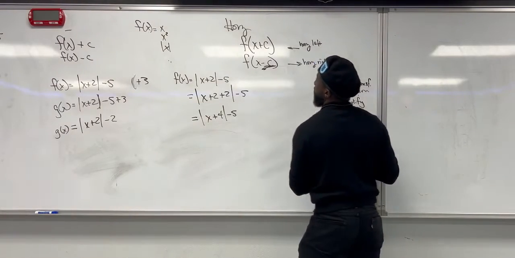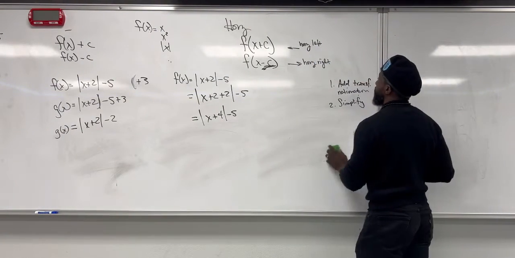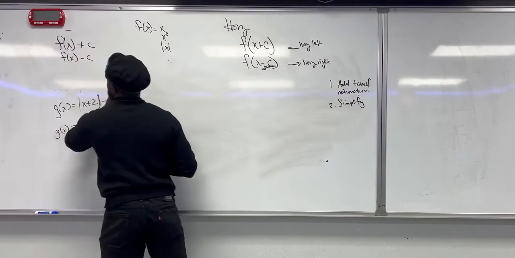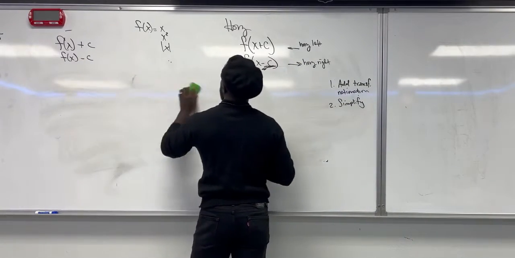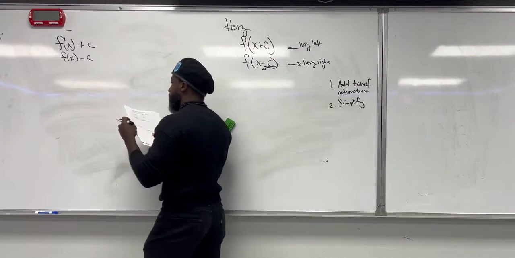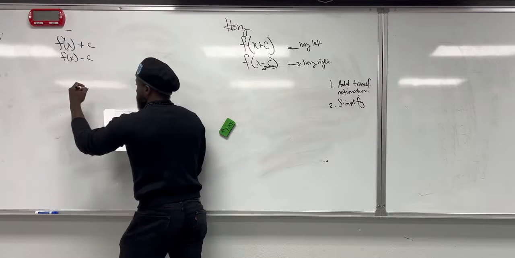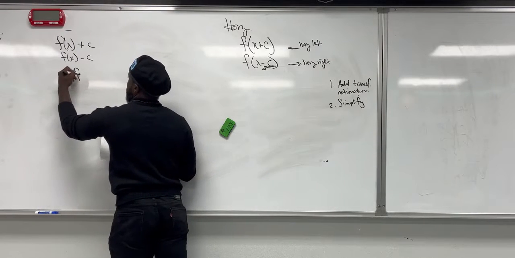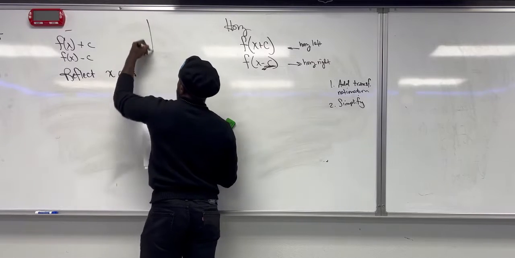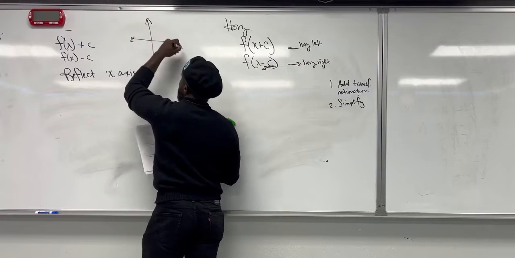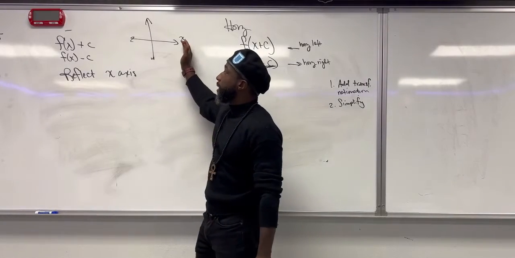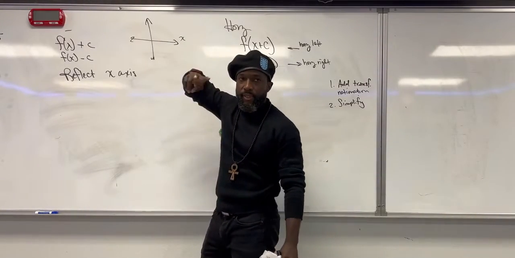All right, so now we talked about translations. Now we're going to talk about reflections, right? So when it reflects about the x-axis, what happens is the whole function. Again, the x-axis is the horizontal line, right? Y'all remember that, right? So when it reflects along the x-axis, everything is going to go upside down.